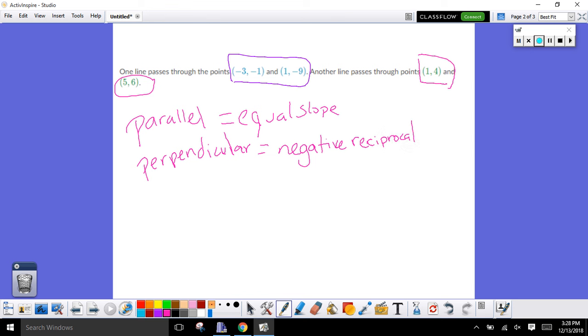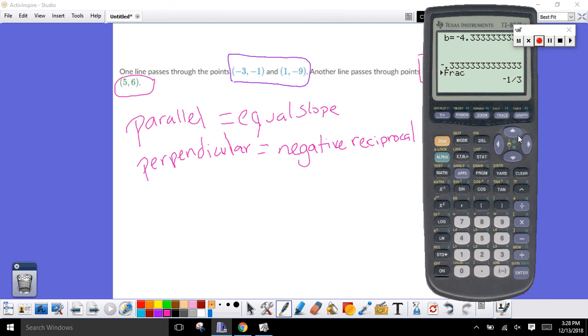Okay, so let's do that. Let's go to our calculator. I am going to go to Stat and select Edit. Now I'm going to clear this. The way you're going to clear it, you can go up, select Clear, Enter. Then we go to the next one, up, Clear, Enter.